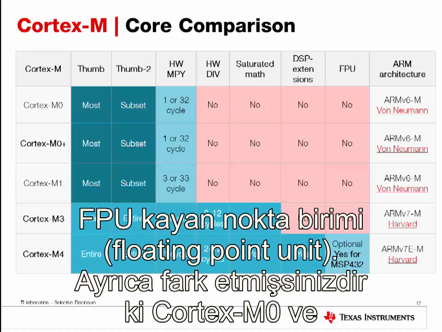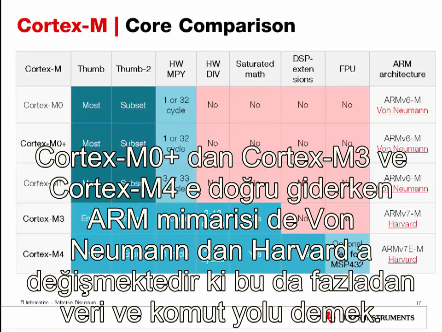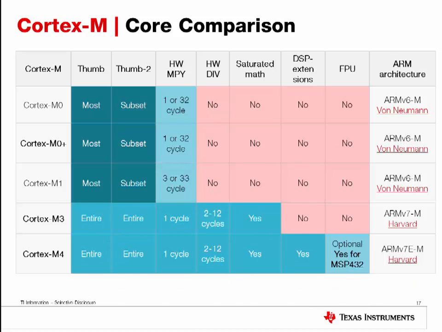You might also notice that moving from Cortex-M0 and M0 Plus to Cortex-M3 and M4, the ARM architecture also changes from von Neumann to Harvard, which adds an additional data bus in addition to the instruction bus.